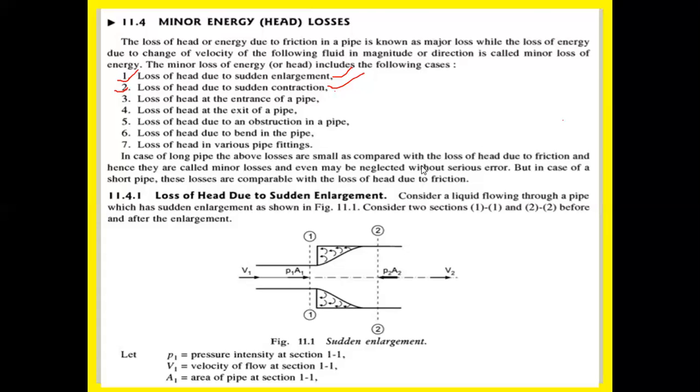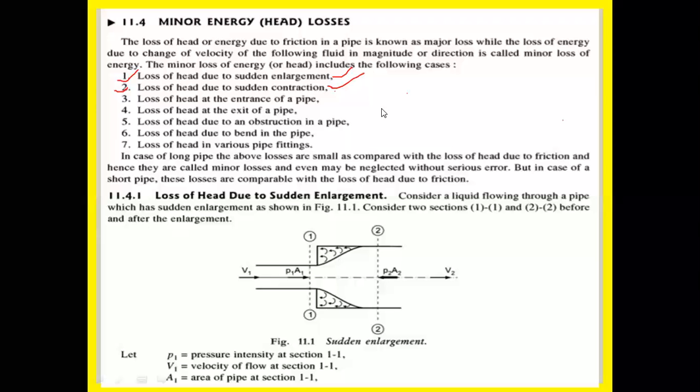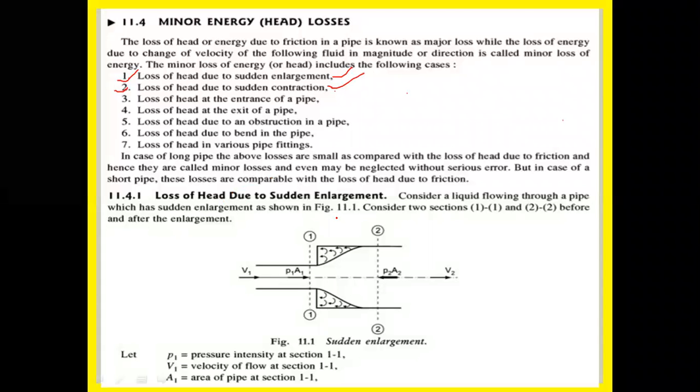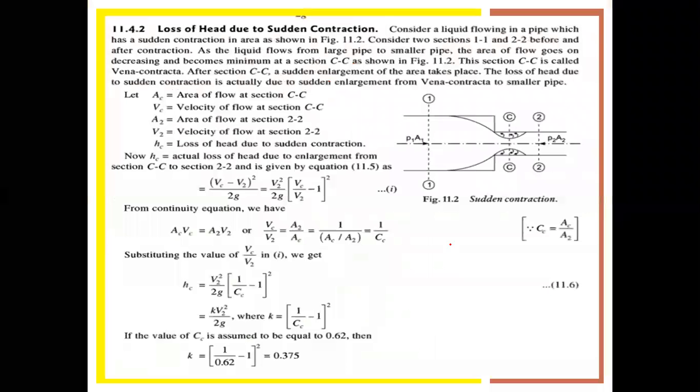So if you see the total figure of this enlargement, consider a liquid. Here, the loss of head due to sudden enlargement. In the initial case, we saw the contraction. So here we'll see the enlargement. This has already been completed.